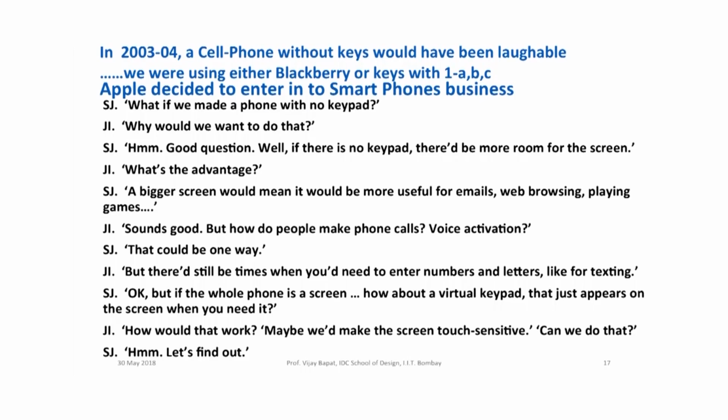What's the advantage? A bigger screen can help you in playing videos and doing mails and all that. Sounds good. But how do people make phone calls? Maybe voice activation. This is like a creative dialogue happening between Jonathan and Steve. That could be one way.